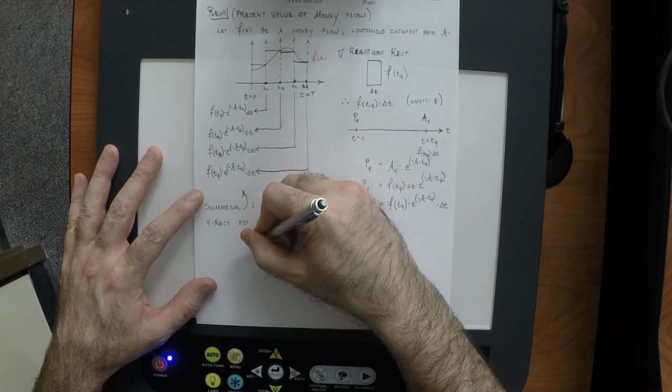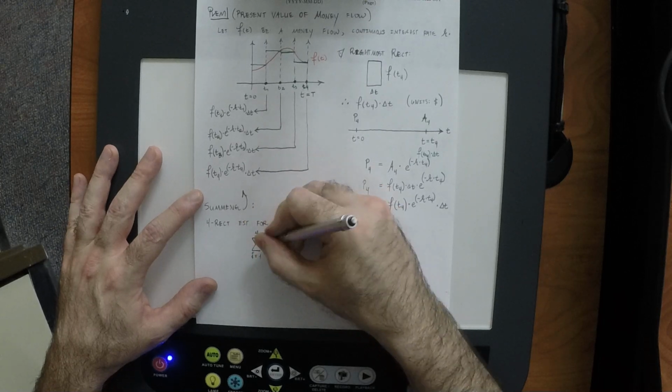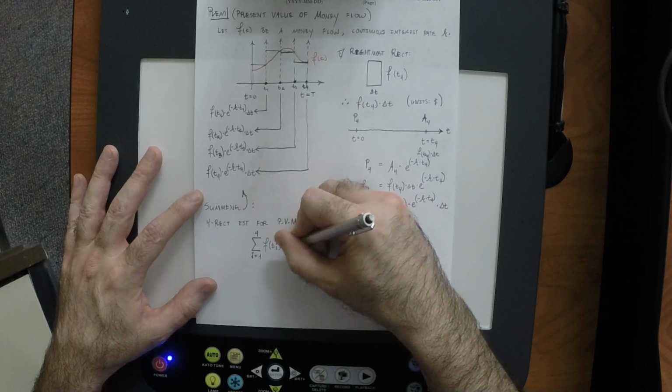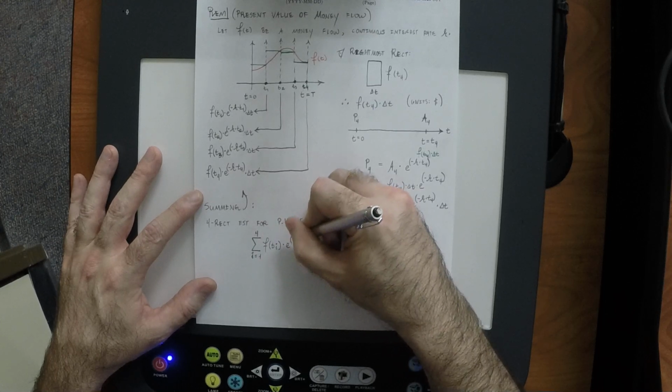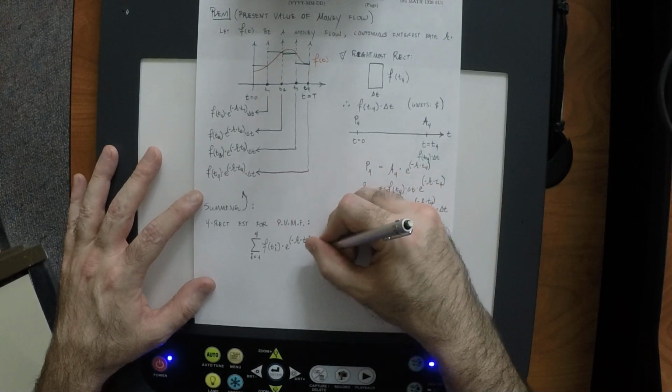That would be the sum from i is 1 to 4 of f of ti exponential negative r ti delta t.